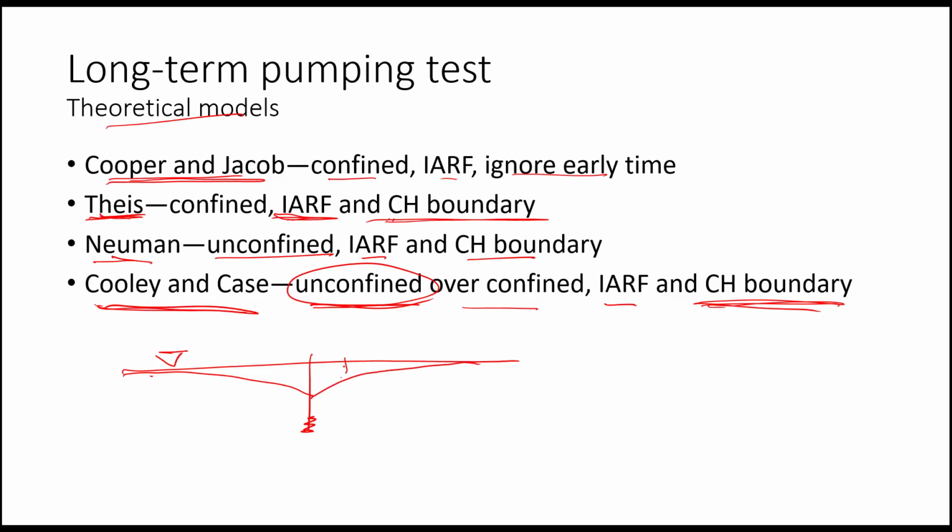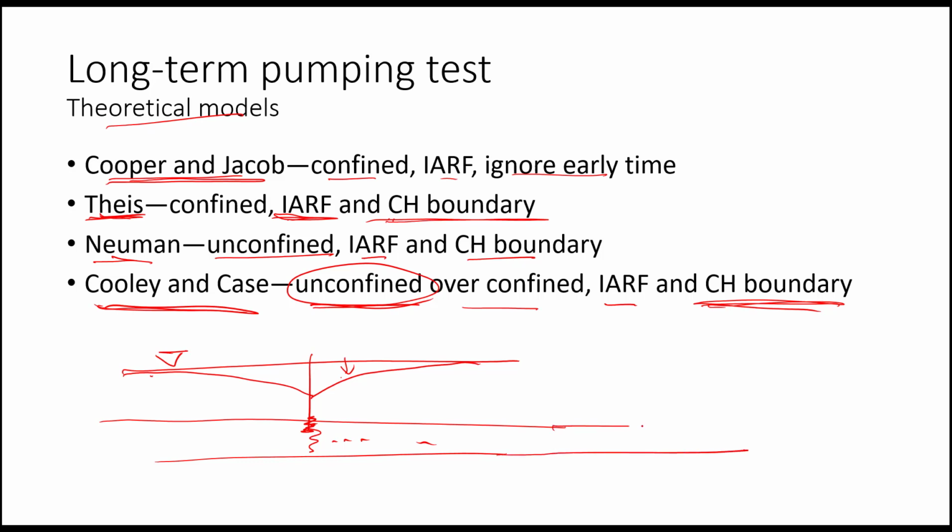So we've got some drawdown, and right now, let's say we're in an aquifer of infinite extent. And what I would like to do is assume that there's a boundary right here, and let's say that it's a constant head boundary.